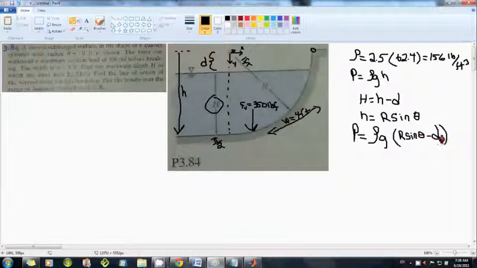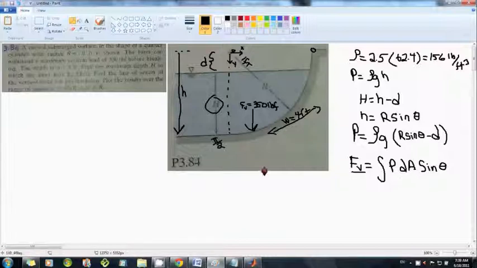For our force in the vertical component, we're also going to have our sine theta. Force is really the integral of the pressure times the area, because we want it in the vertical direction. There's a sine component in there.